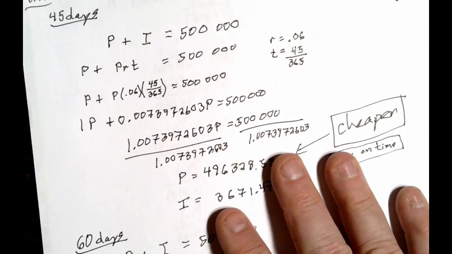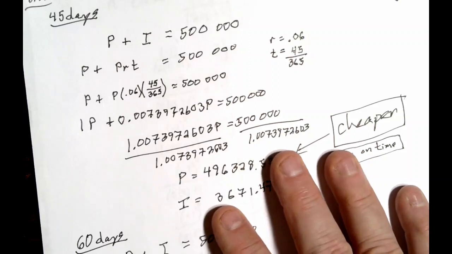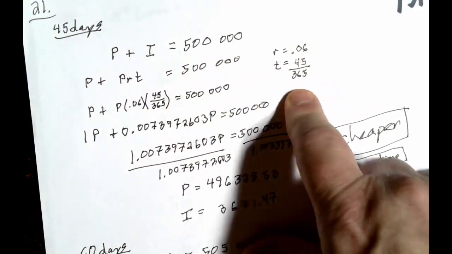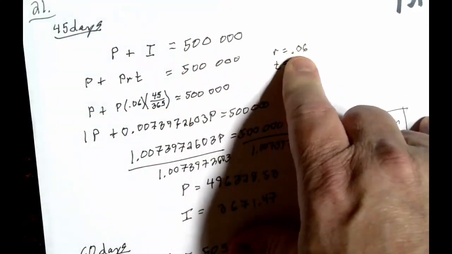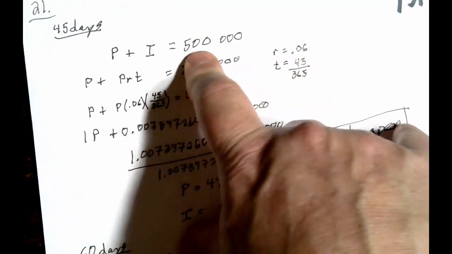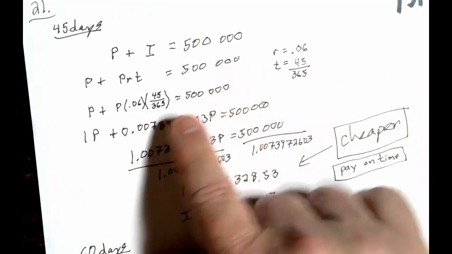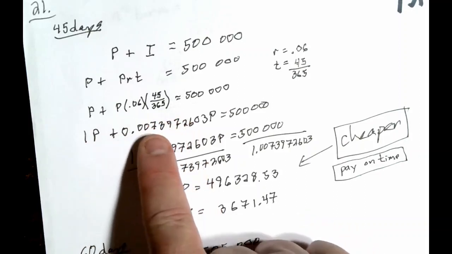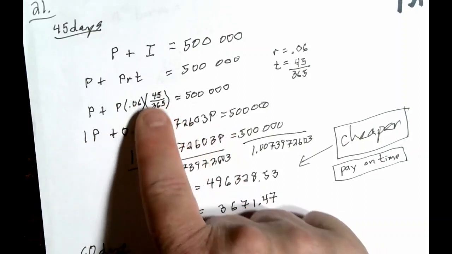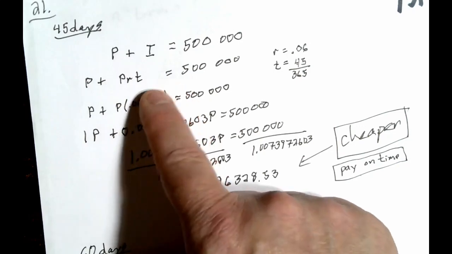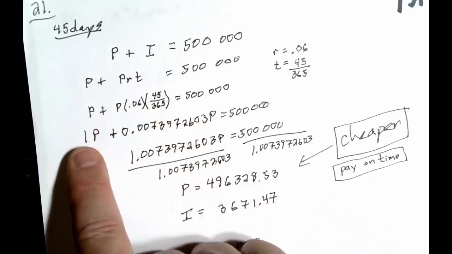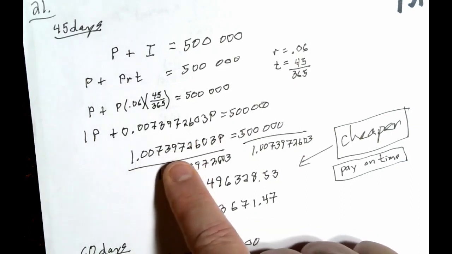Okay, is it better to take out the 45-day certificate and pay on time, or take the 60-day certificate and pay late? Okay, the 45-day is 45 days out of 365 as your time. Interest rate is 6%. The amount you want to end up with is 5,000. So you plug in everything that you know, and this is 0.007397 something something P. This part here is 0.007 something, and it's a P, and this is just a 1P, so 1.007 something.